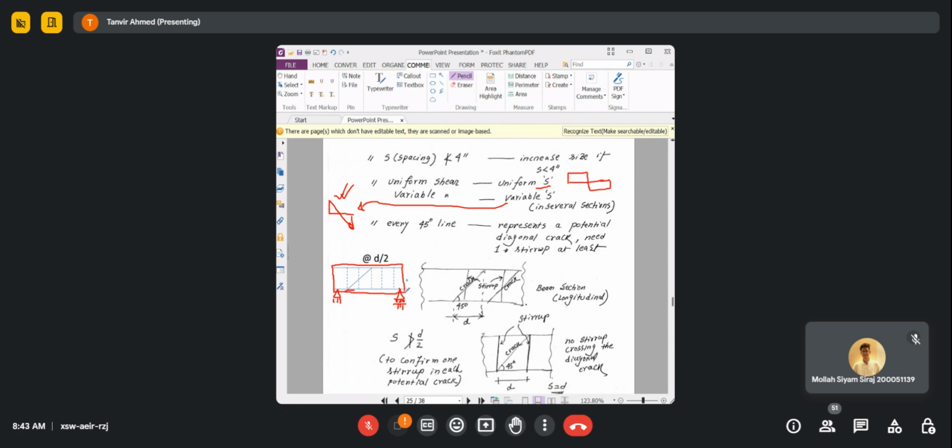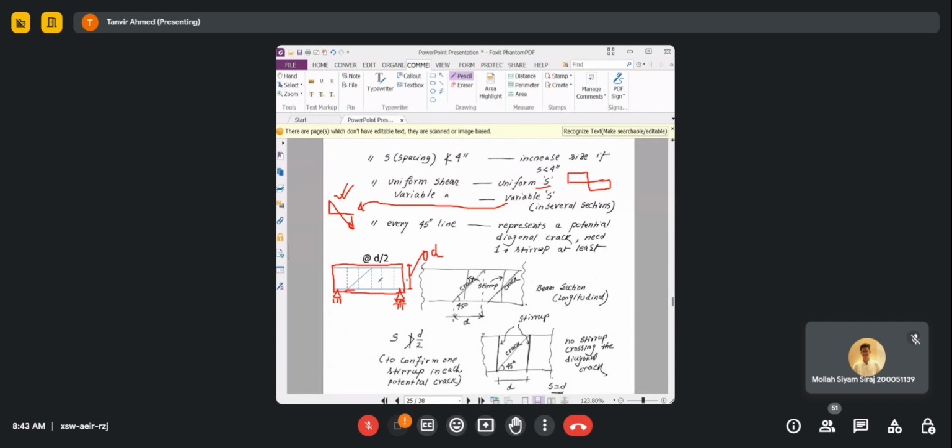So let's say this is the beam, and this depth is, say for example, D. This depth is D.